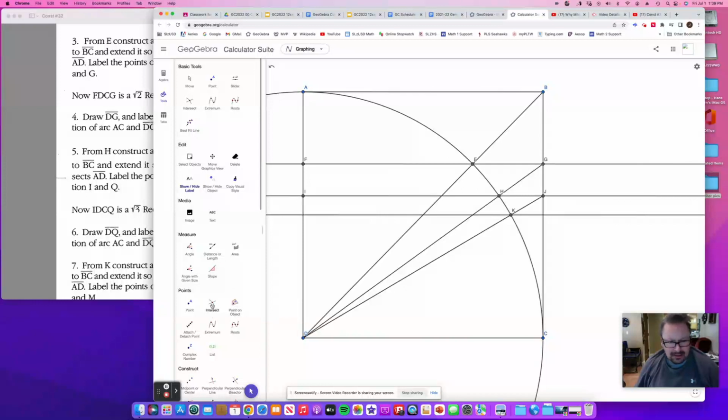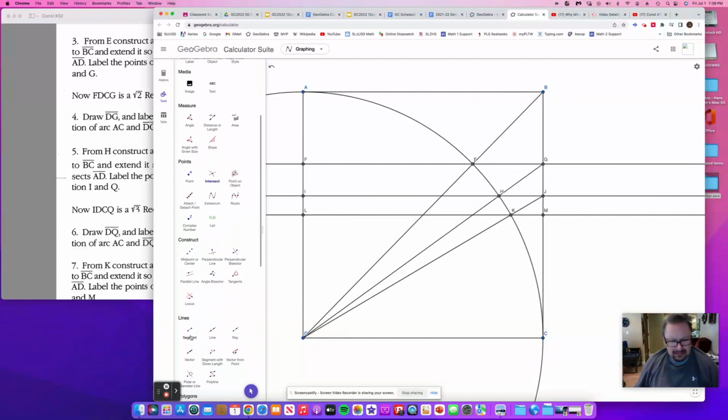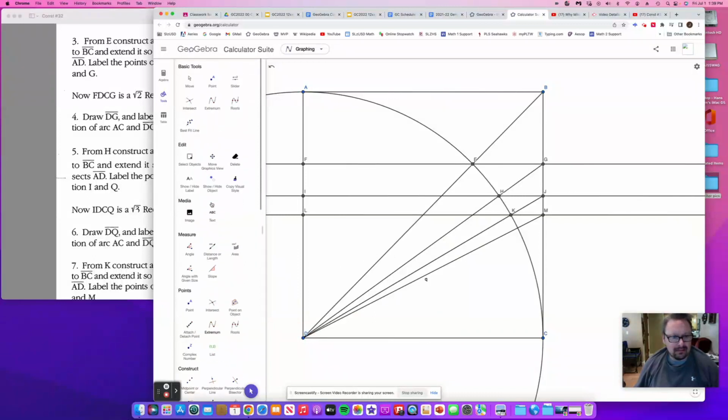And mark the intersections. Should be L and M. And then draw the segment. So NOP.